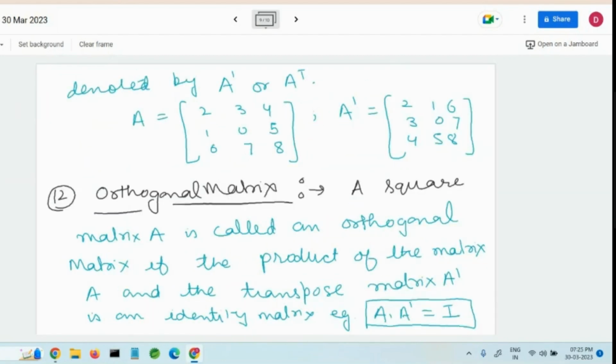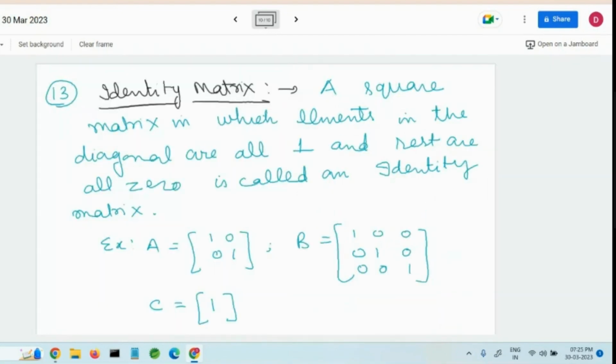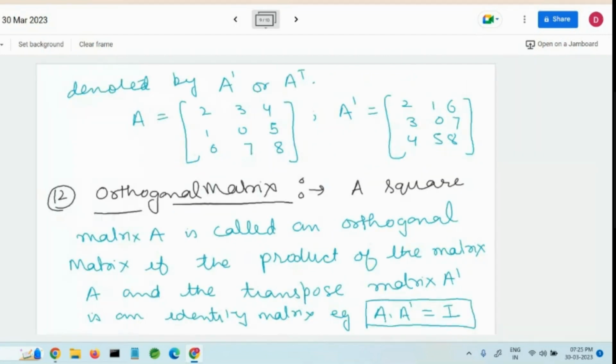So, in the orthogonal matrix, if we do the product A into A transpose, it results in I, the identity matrix, whose other name is the normal form. Then it is the orthogonal matrix.